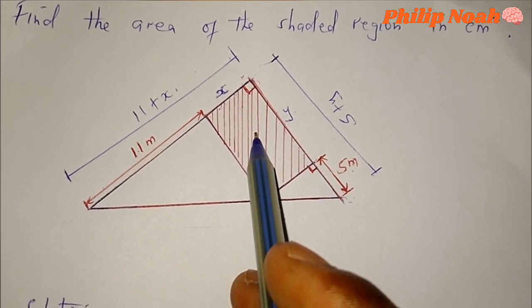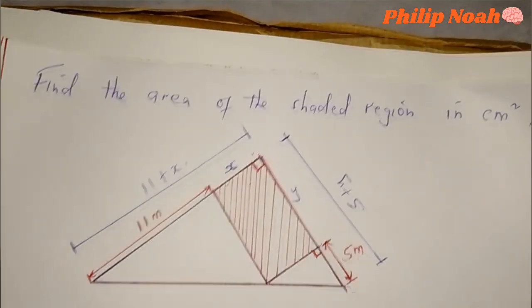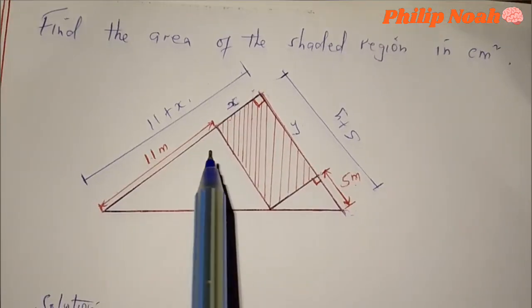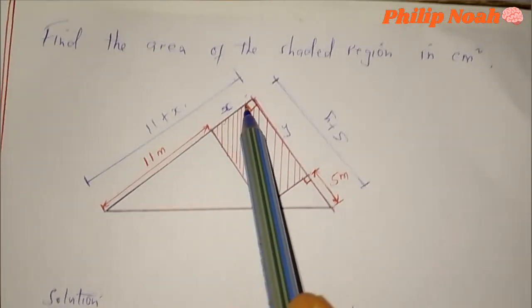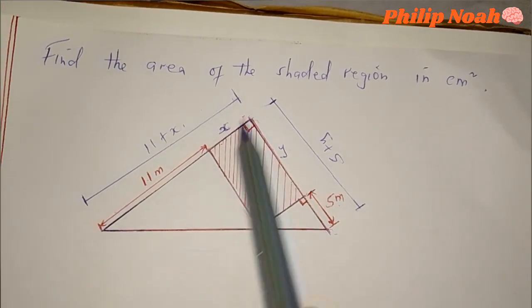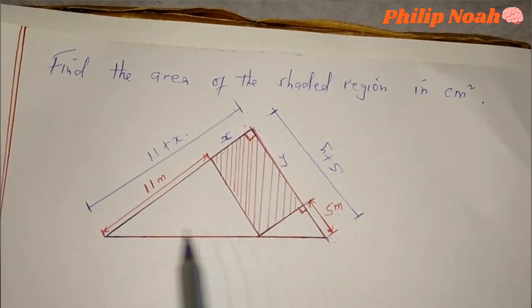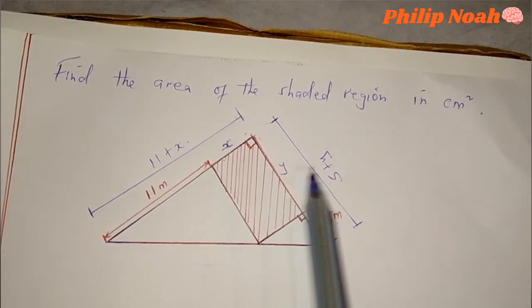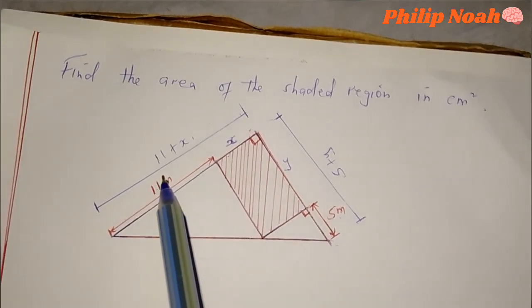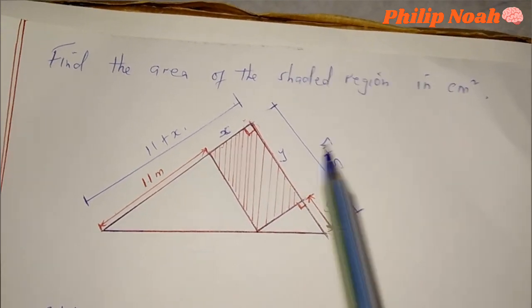So for us to find the area of this one without having been given the dimensions, we shall take the area of the whole of this figure, the right angle triangle with base and height as 11 plus x and 5 plus y.